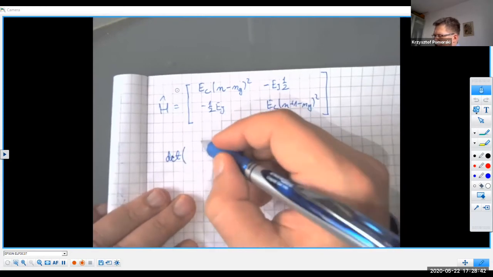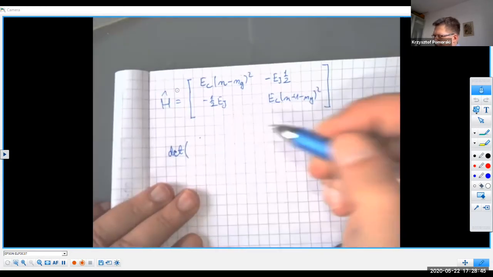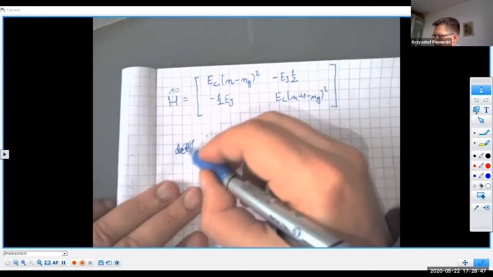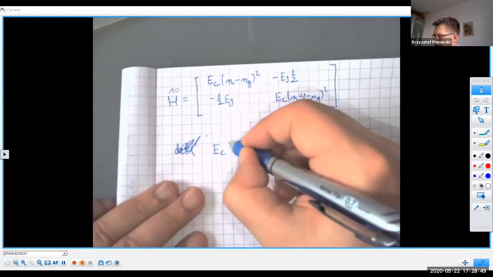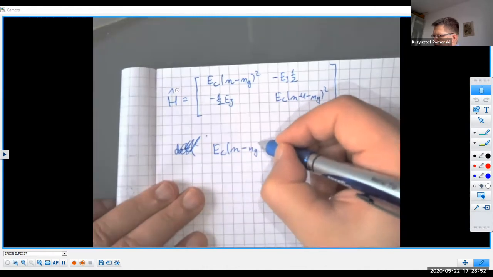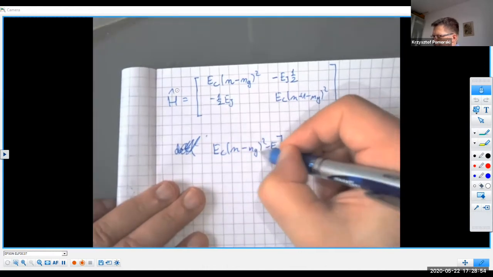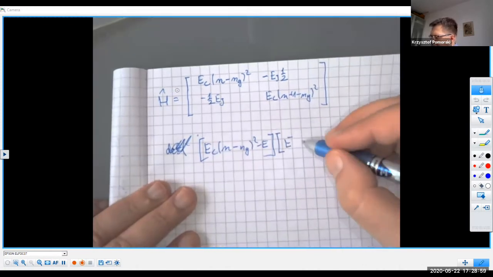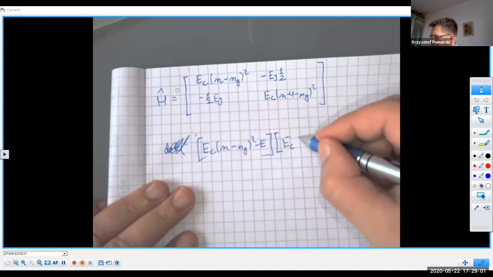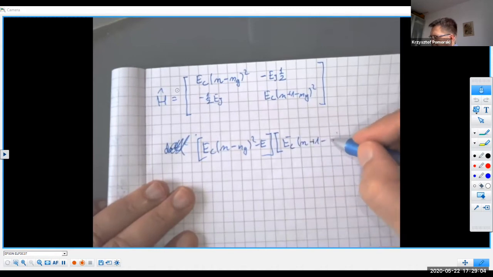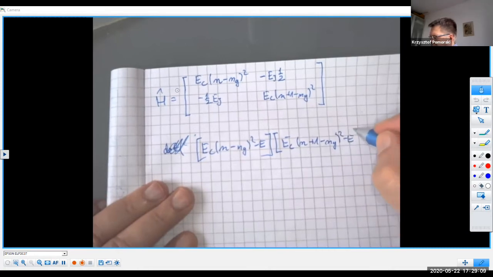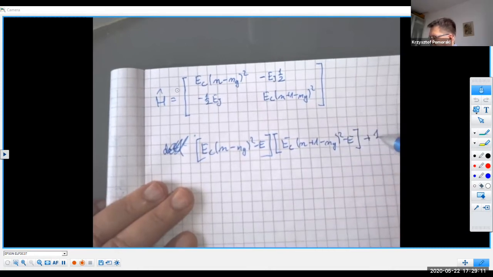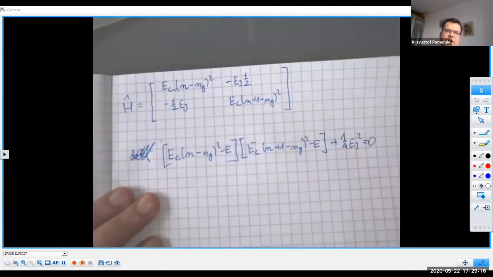Simply we have the equation for eigenenergies, minus E. Yeah, so this will lead us to a quadratic equation.